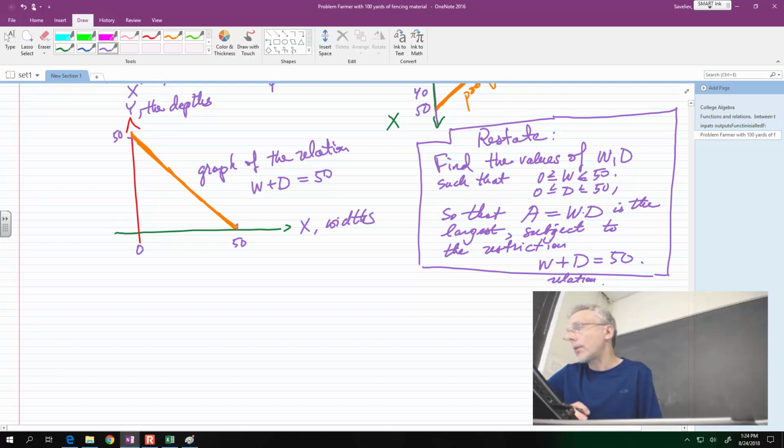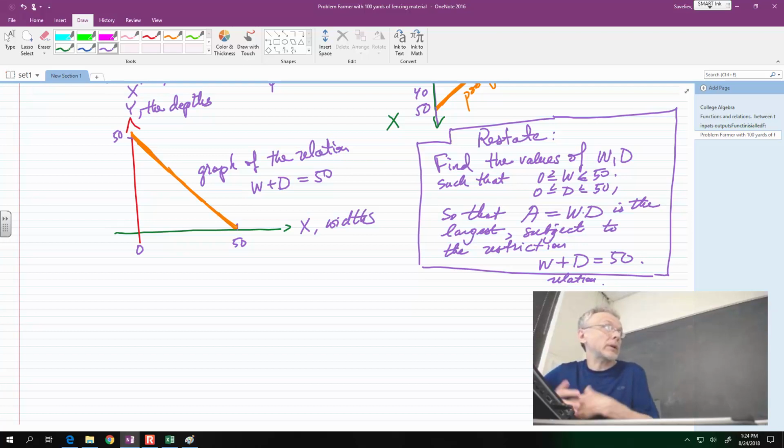The way to solve the problem in a more effective way than that would be to actually get rid of one of the variables, one of the dimensions. So the dimensions are W and D, and these two variables are related to each other.